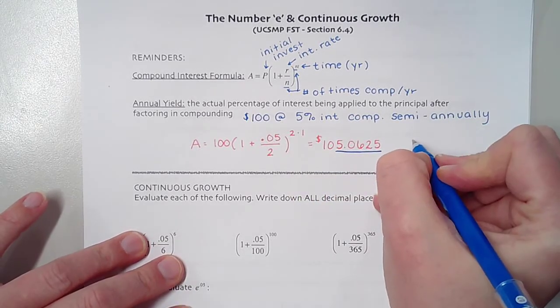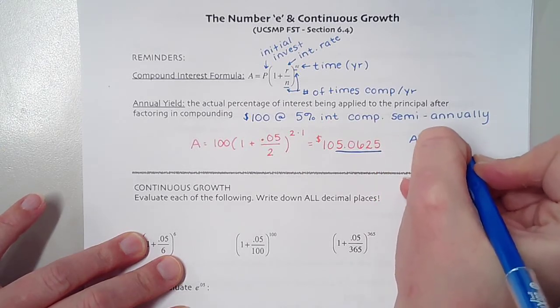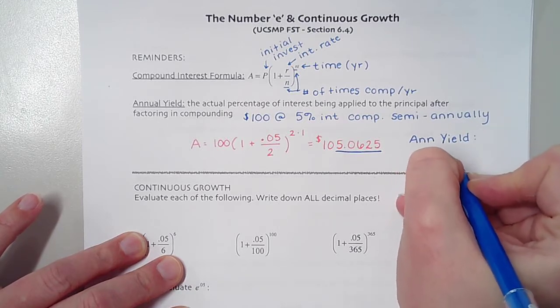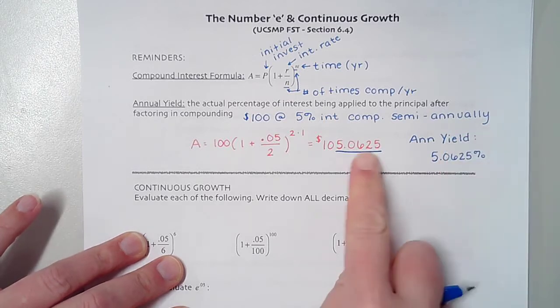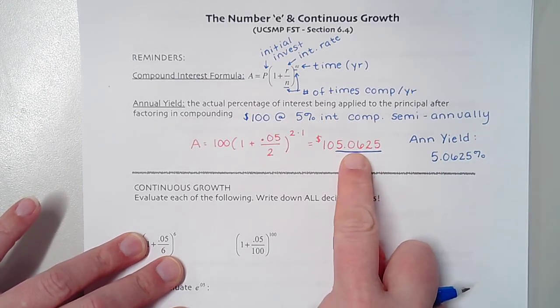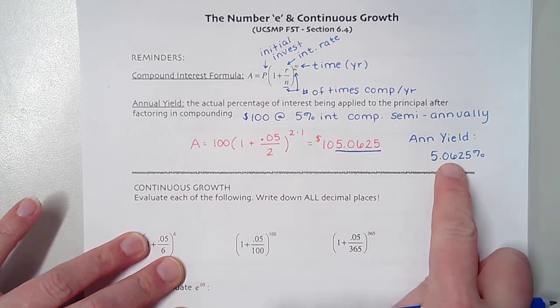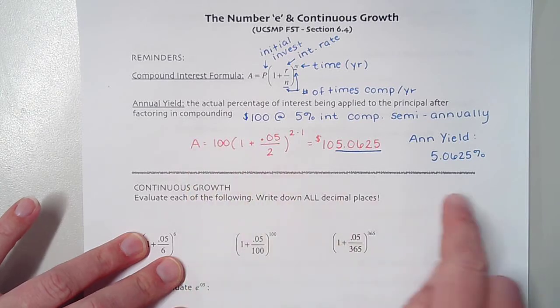So this is an annual yield of 5.0625%. By the way, I'm only allowed to just steal that number because I started with $100. So really the fact that this number is because I would do this divided by the original 100 to get my annual yield.